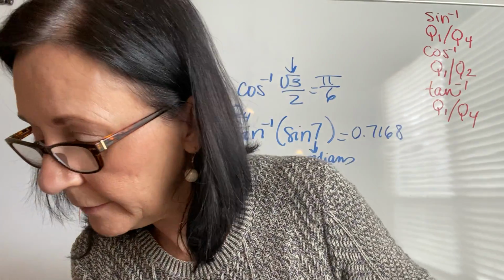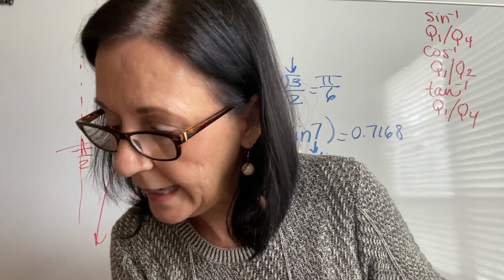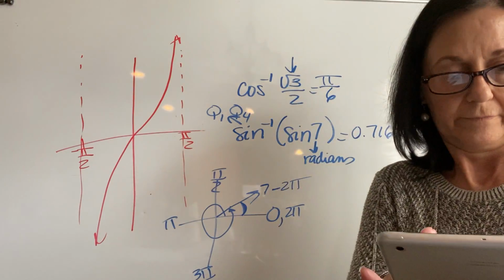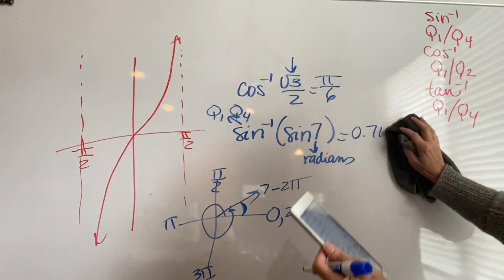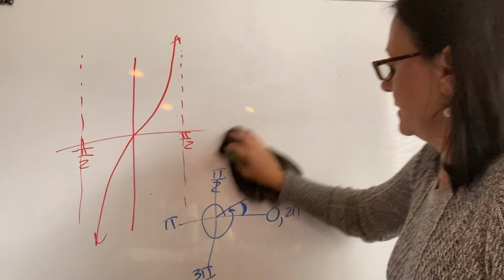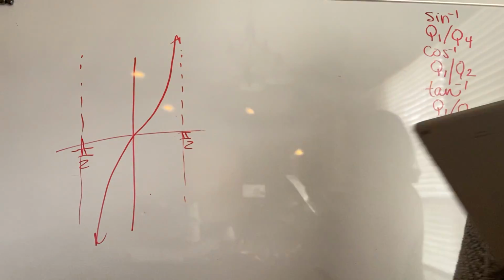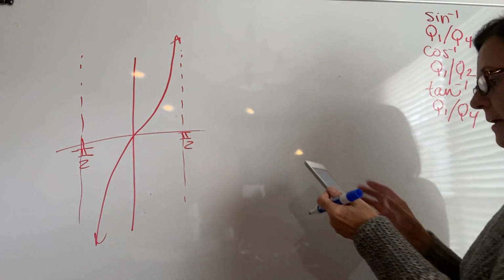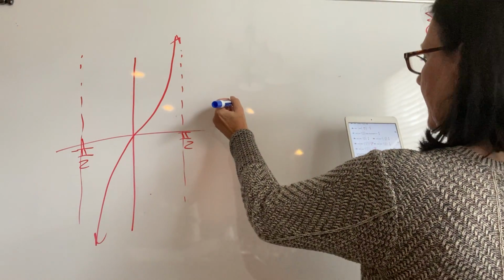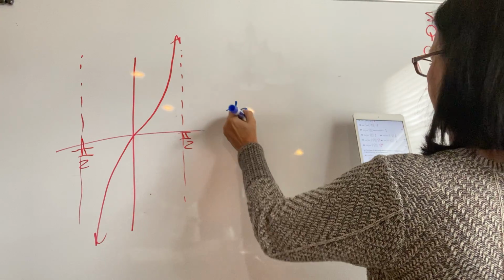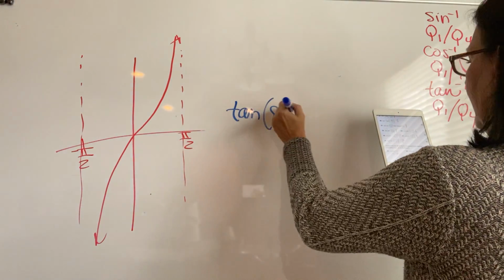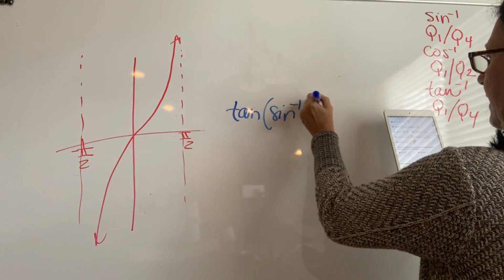And then I want to look at number 38, on that same page. All right, so it's the tan of the inverse sine of 3/5.